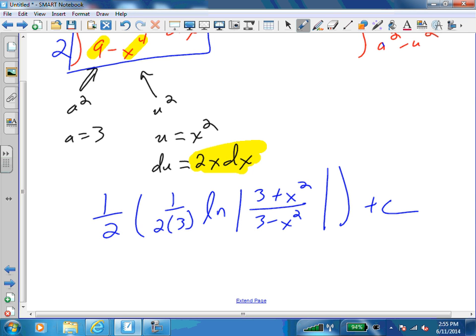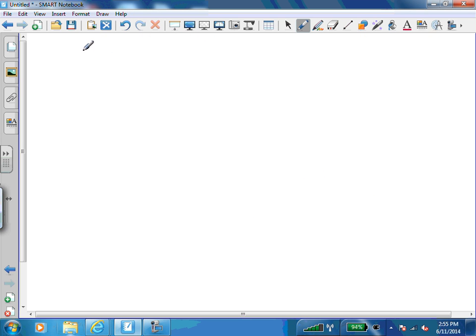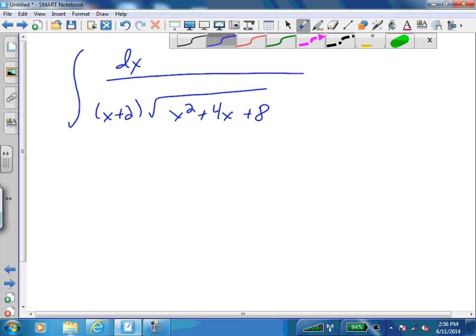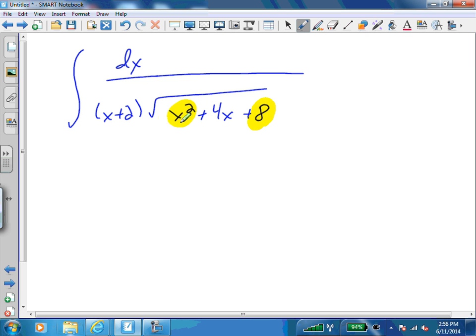So let's do another one, I reckon. Let's look at that. Now, one clue that you might have to complete the square on some of these is if we've got more than just a constant and a variable squared.